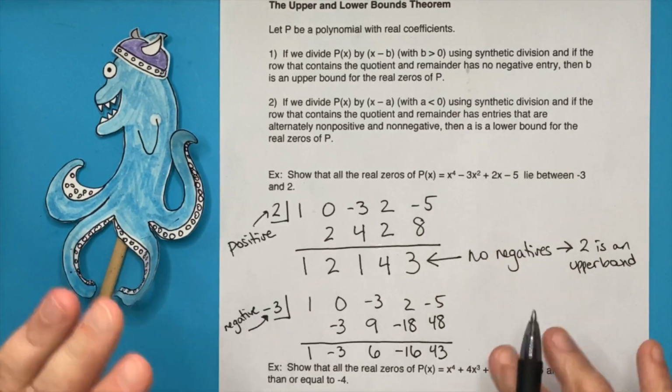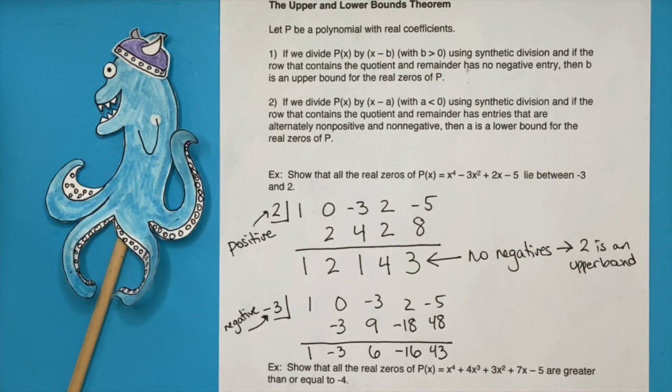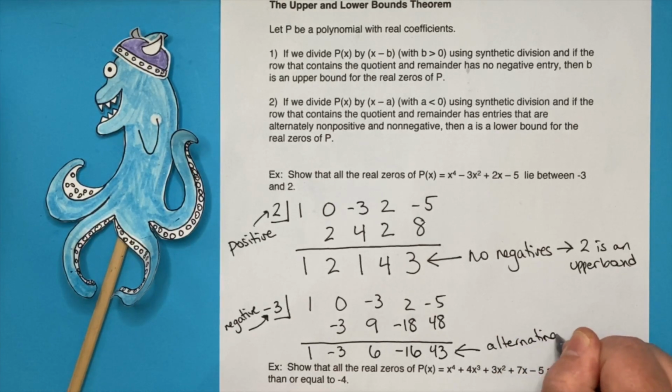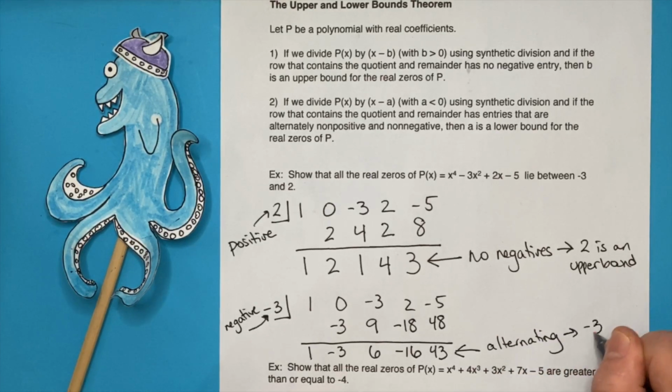So they're alternating. Now, why don't we say positive and negative? Well, the answer is you can have zeros in there. So this one would allow zeros. This one's really easy to see. So this is alternating. So that means -3 is a lower bound.